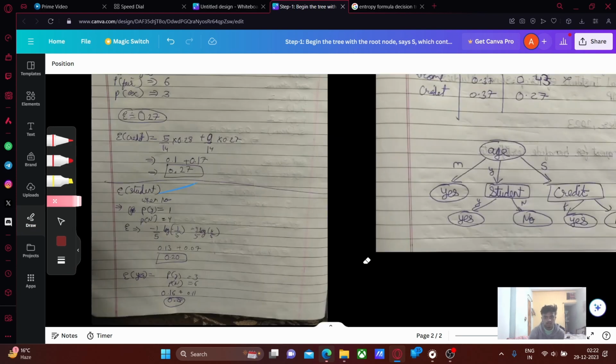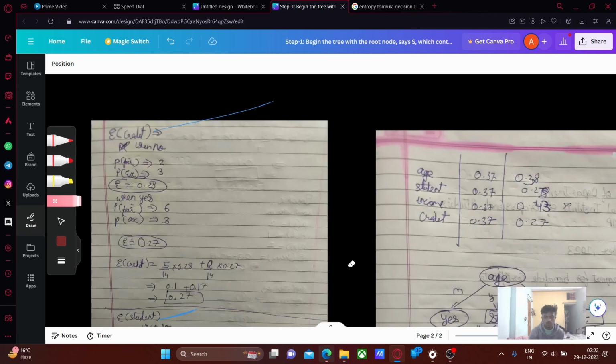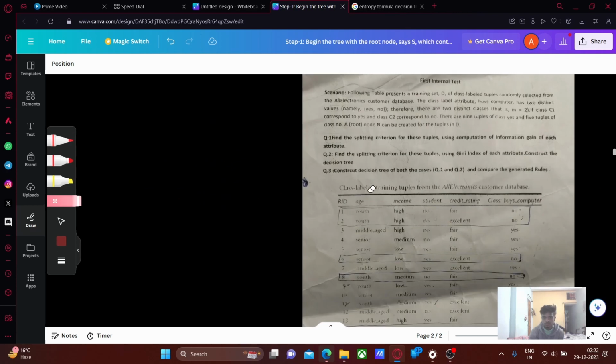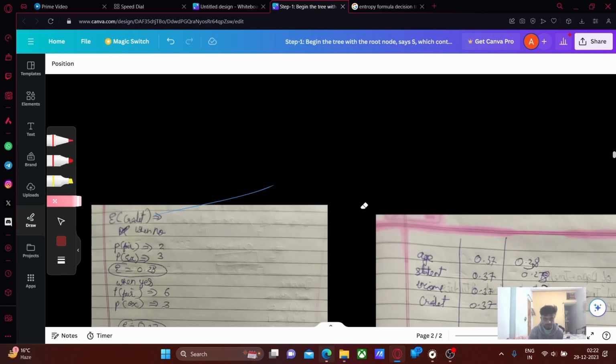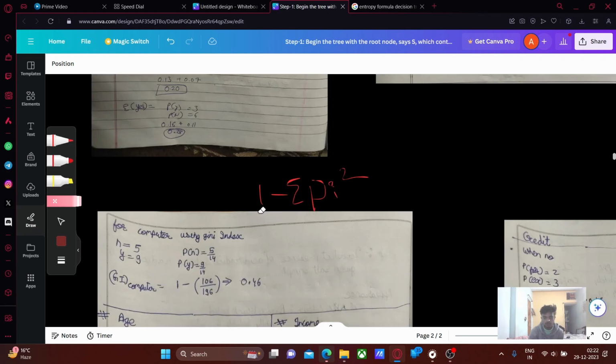Our next question, question 2, was to find the split criteria for these tuples using the Gini index. Our formula for Gini index is 1 minus sigma p_i squared, where again p_i is the probability of the event happening.